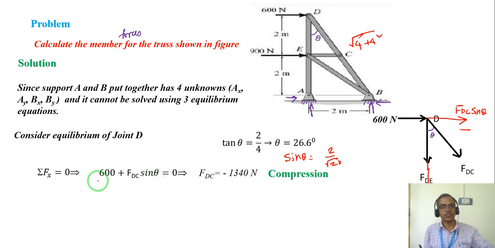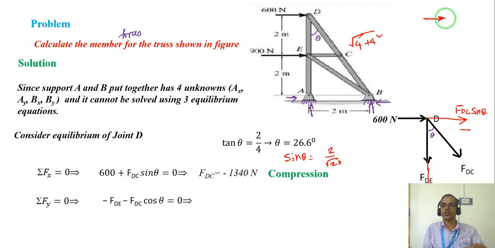Once I have finished the summation Fx horizontal equilibrium, I will also go to the vertical equilibrium. What are the vertical direction forces? FDE and FDC cos theta, and both are in the same direction. I simply write summation Fy equal to 0, and I assume right-hand side is plus x and vertical upward is plus. So the vertical downward FDE is minus, and FDC cos theta also downward, so minus.